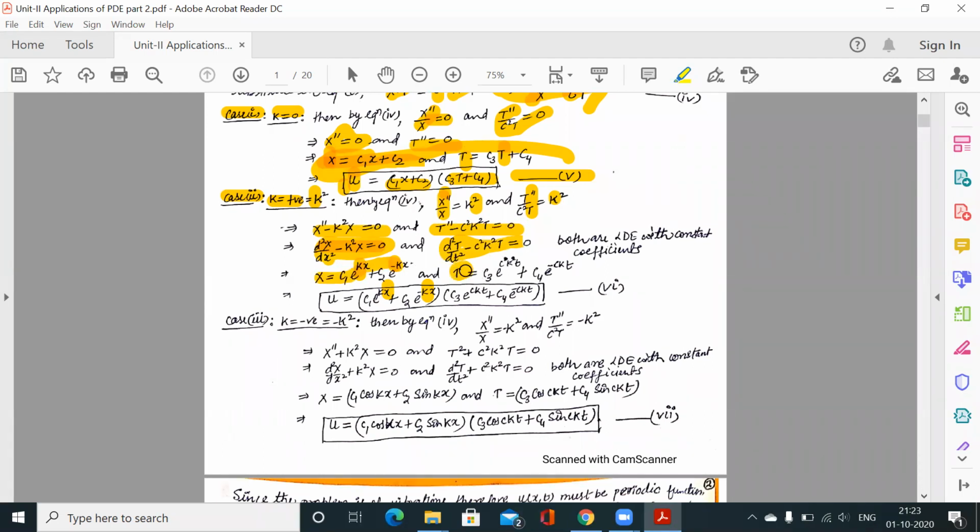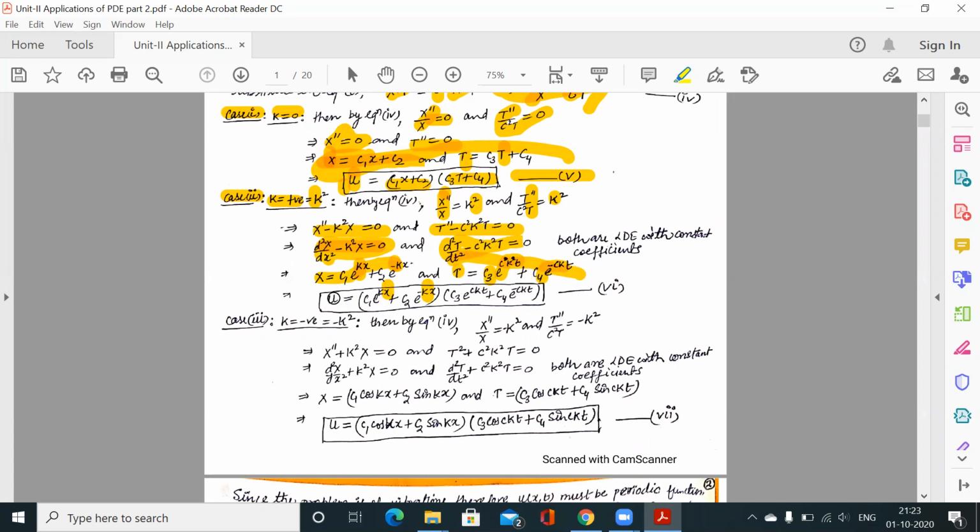So if we write CF, t is equal to c3, because c1 and c2 we have used already, c3 e to the power m1t plus c4 e to the power m2t. So here we have the roots ck and minus ck, so plus ckt and minus ckt, and the independent variable is small t. So this is the solution for this equation.